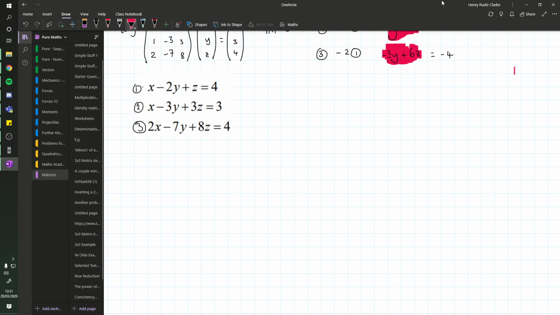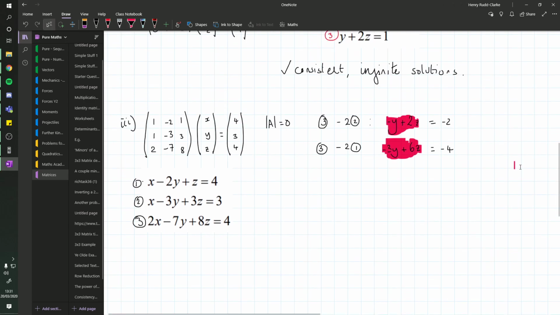So why is that working sometimes and not the rest of the time? I don't know. These are both parallel. Essentially, there are no solutions to this. So this means they are not consistent, and there are no solutions.